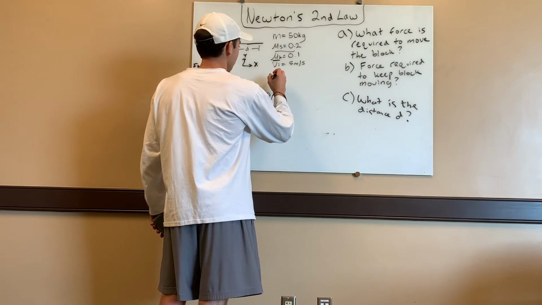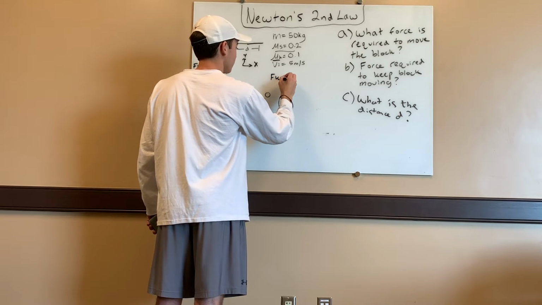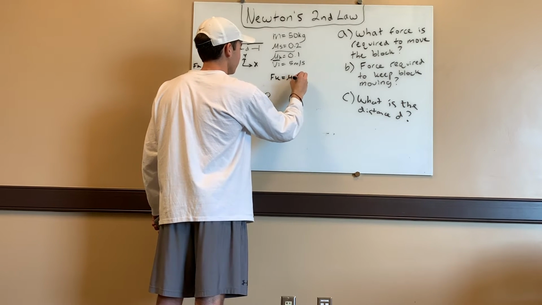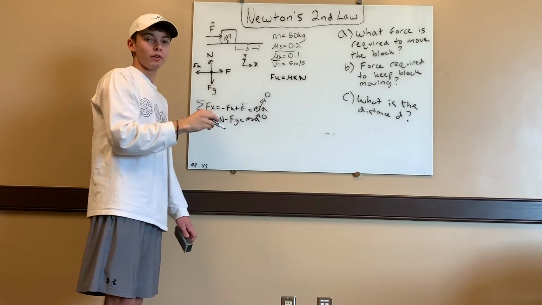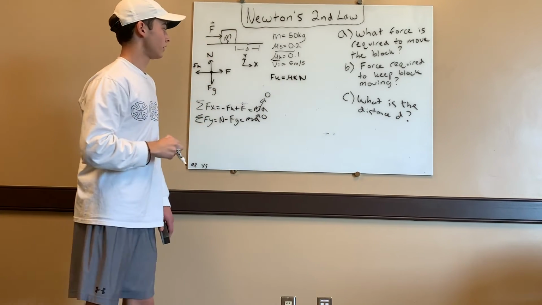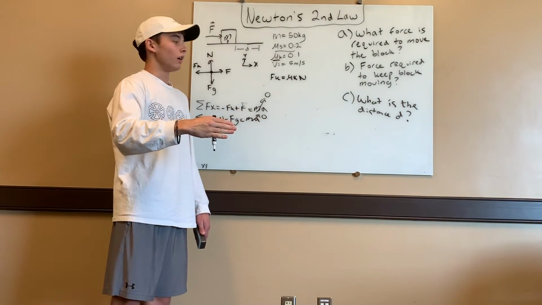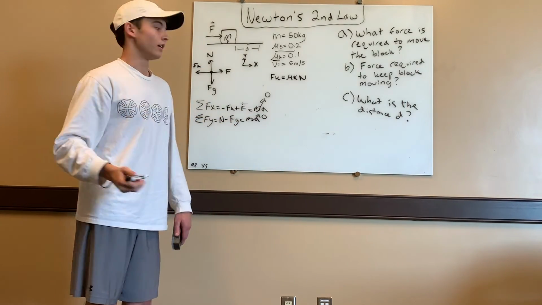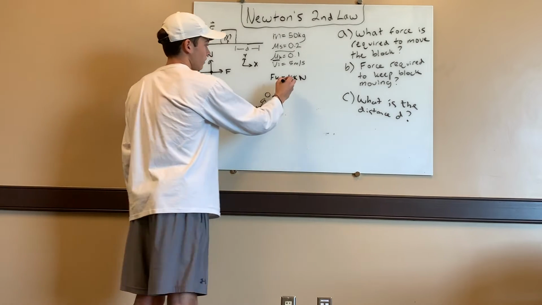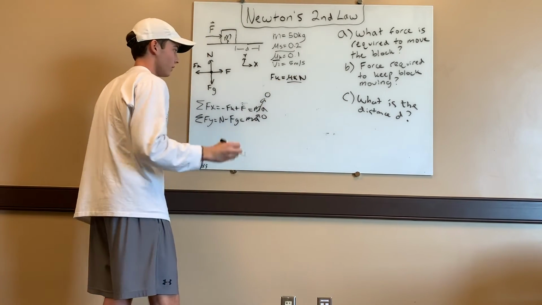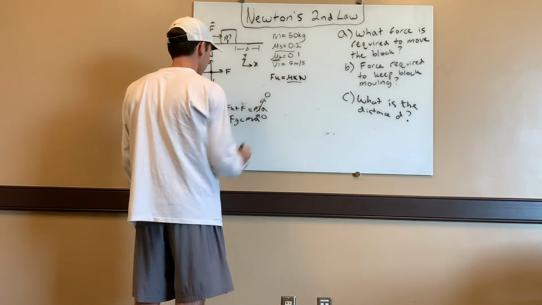So what does Fk equal? The kinetic friction force equals mu k N. The reason it's an equal and not the less than or equal like the static friction is because there's only one force needed to get this thing moving, and you just need to maintain that. So let's do the same thing we did in the last problem. Let's solve for N, because we need N in this equation.